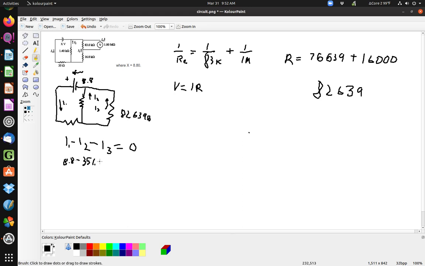And then we're going to subtract this resistance times this current. So 1.4 kiloohms, we'll call it 1400 times I2.